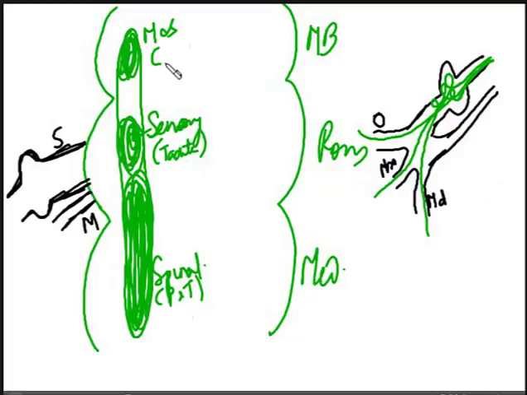And the mesencephalic nucleus is responsible for proprioceptive impulses. And even the proprioception over here is basically for the reflexes which are occurring, like the masticatory reflexes.